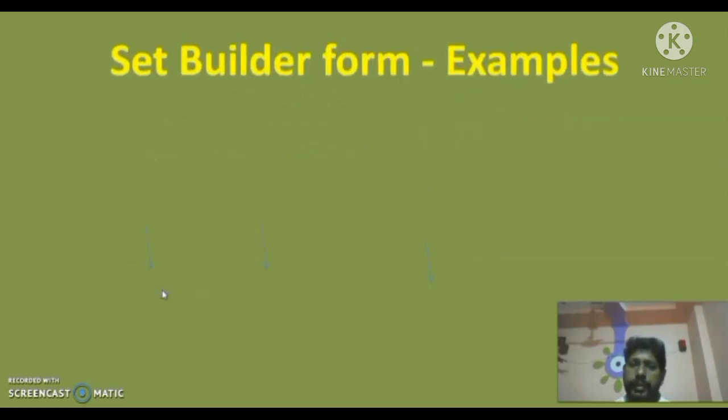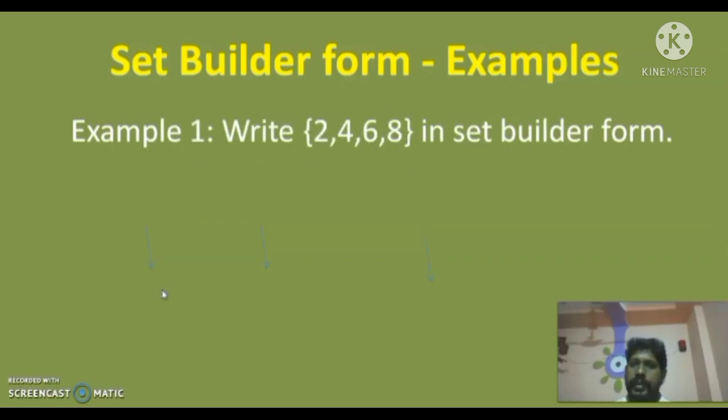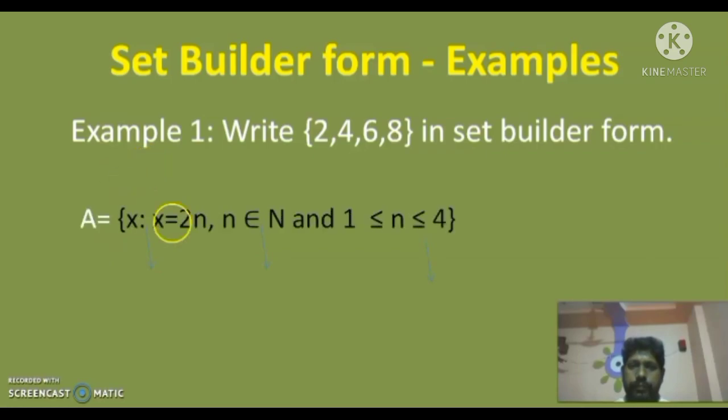Let us see set builder form examples. Example 1: write {2, 4, 6, 8} in set builder form. A is equal to {x such that x is equal to 2n}. So this 2n is the definition of an even number.